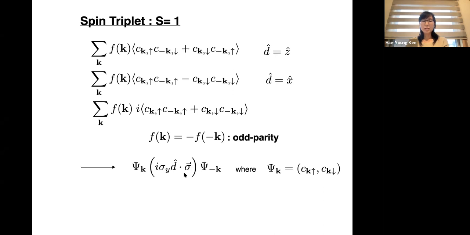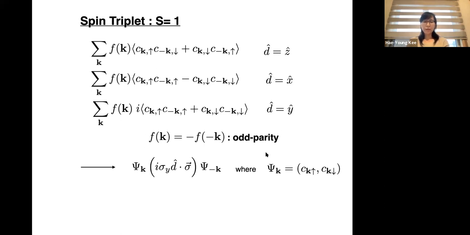Sigma y, sigma x will give us a sigma z, and therefore I end up with up, up, minus down, down. You can see that this represents the sigma z, and d equal to y hat will give us the identity operator, sigma y times sigma y, and then imaginary times identity.